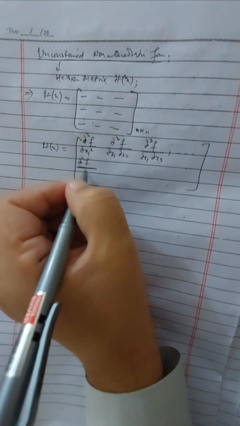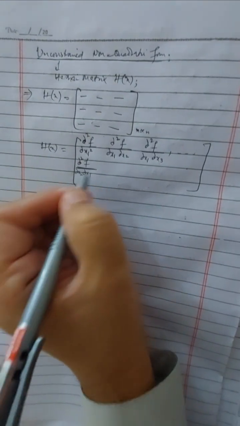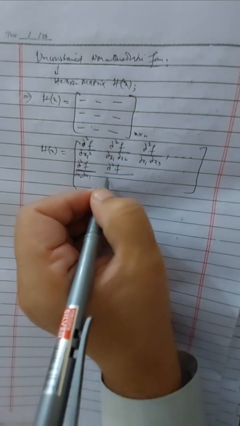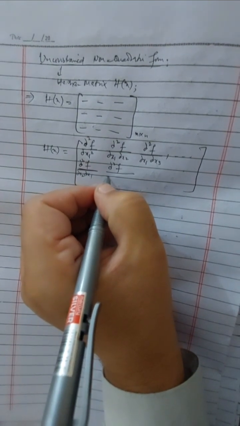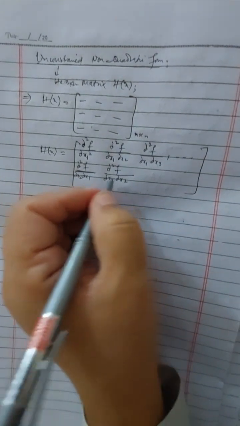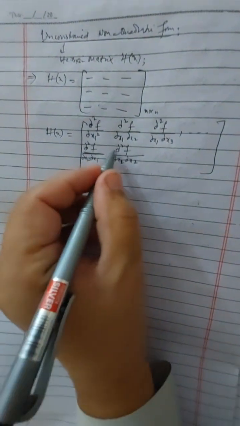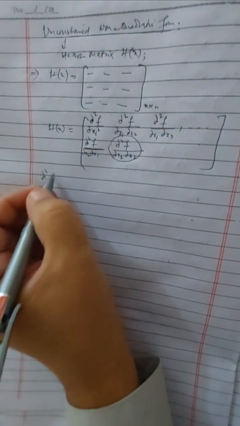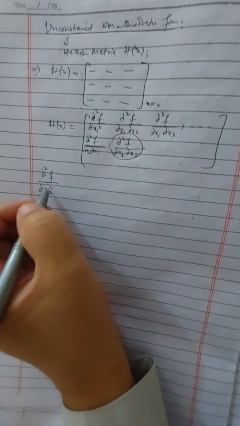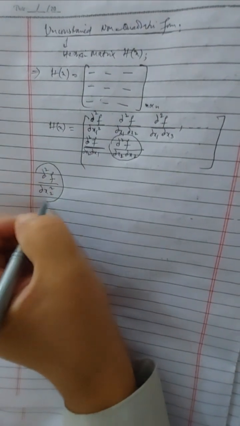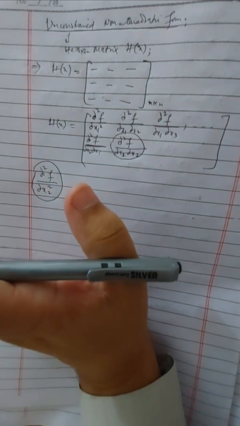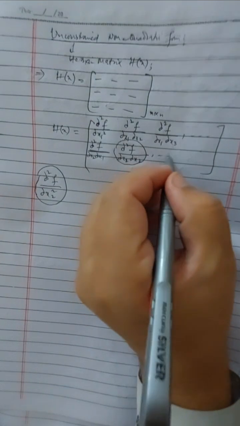And then the first order derivative with respect to x1 and second order derivative with respect to x2, and here it will be the first order derivative with respect to x2 and the second order derivative will also be with respect to x2. So we can write this as d x2 square. It means that both the derivatives, the first order and the second order, are according to x2, okay, and so on.